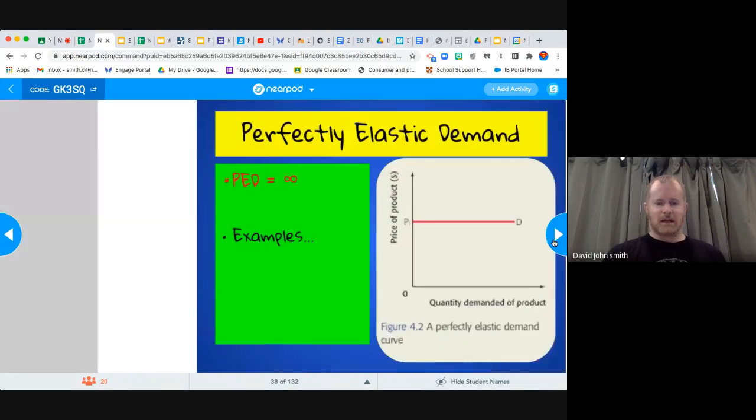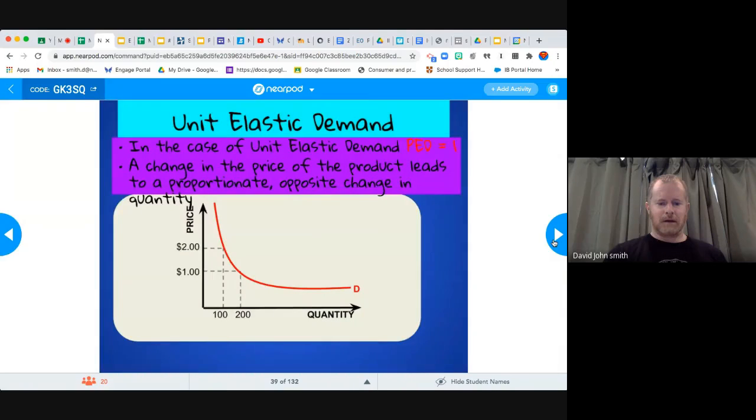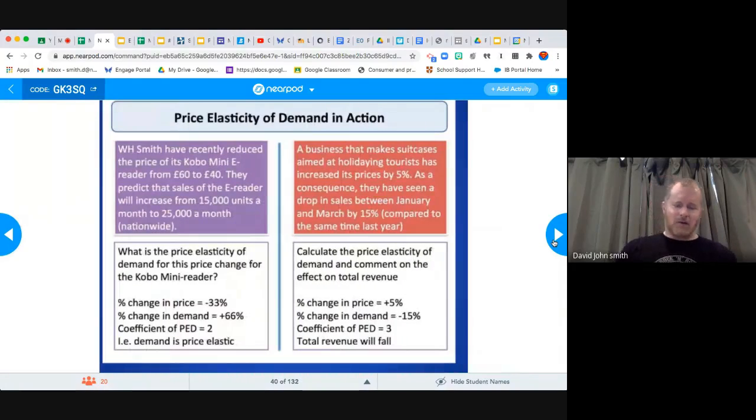Perfectly inelastic, perfectly elastic, unitary. Now, I've also included in the slide some examples here. You've got the mini e-readers here, and then you've got the sales, the holiday, the tourism on this side here.